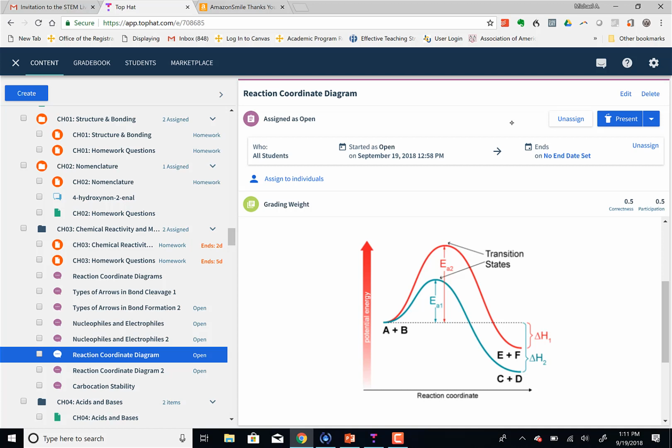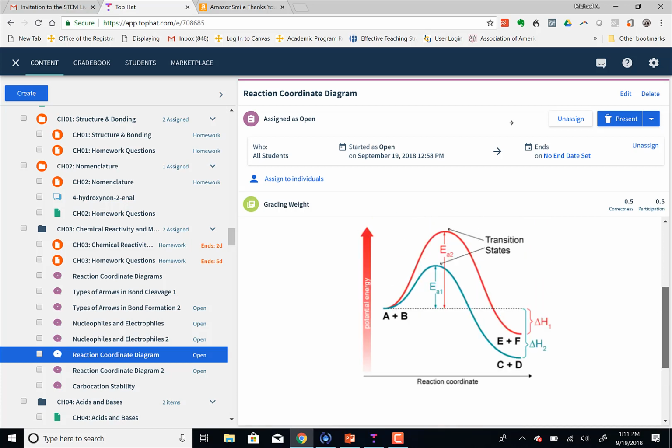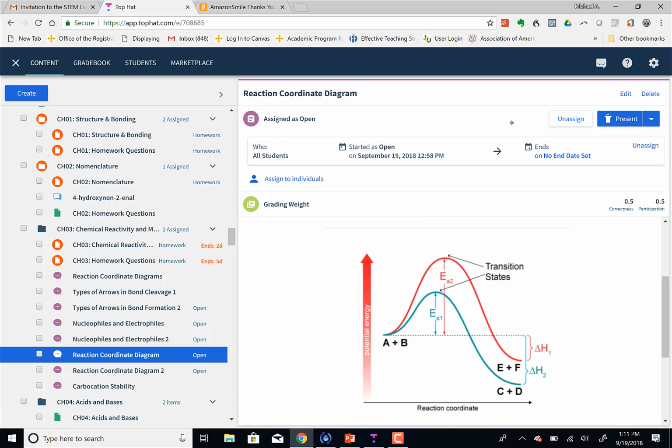Which one of those reactions is going to occur faster? Green. Okay. Why? Because it has the lowest activation energy. And so the Arrhenius equation tells us the rate is proportional to a logarithmic function of the activation energy. So lower activation energy, faster rate.